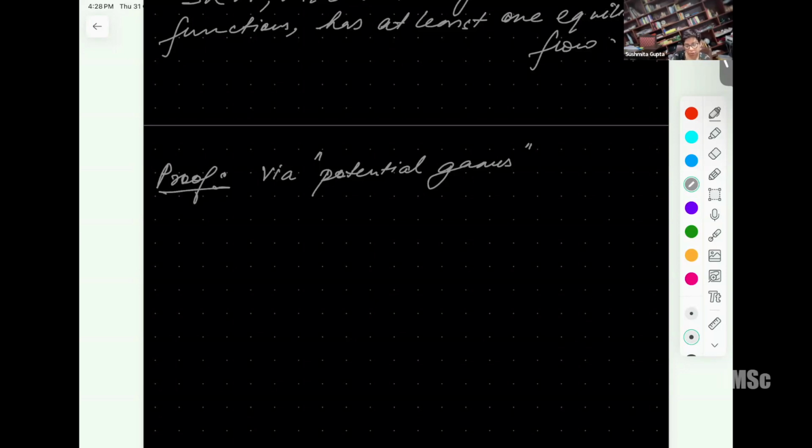So what is that potential function? So let's define. For this game, this is how we define the potential function. There are other games which also are potential games. There, the potential function may be defined differently. Okay. I'm going to write it here.